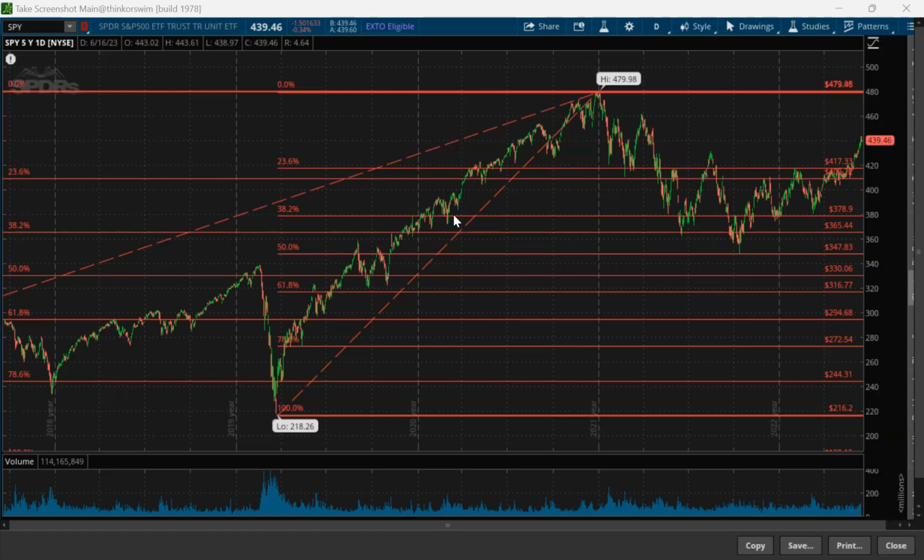Now, if we look at the dynamics of the bear market right after the market top, near the very end of 2020 or the very beginning of 2021, this bear market went up and down, up and down, up and down.